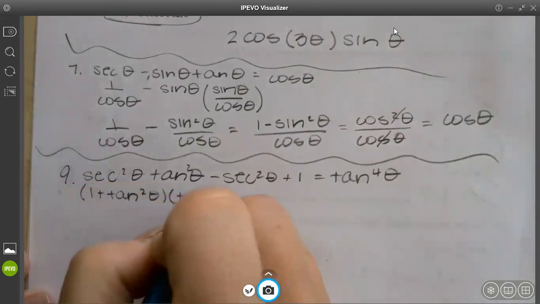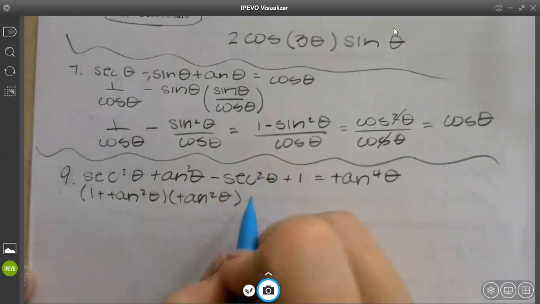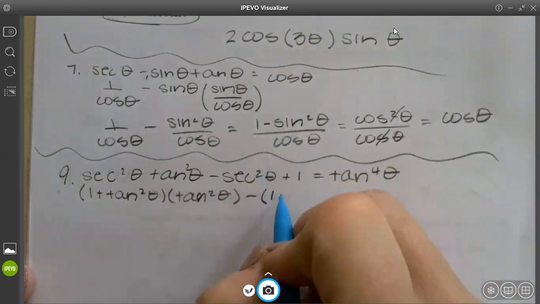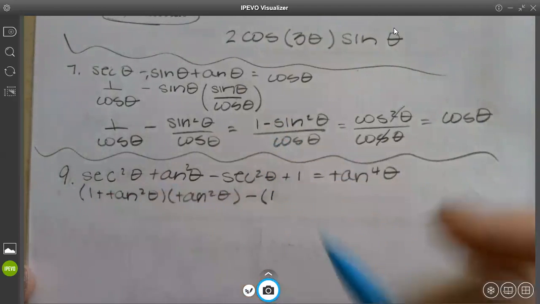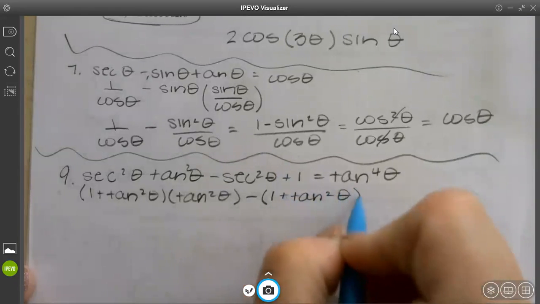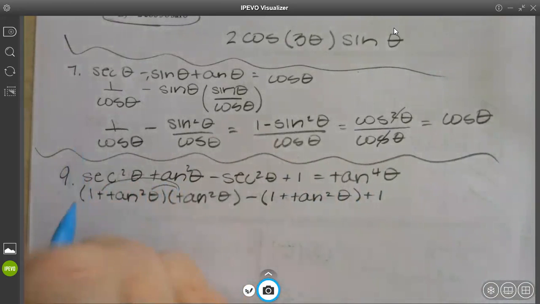Minus, what is secant squared again? We just did it. 1 plus tan squared theta. Again, why am I changing it to that? Everything's in terms of tan. That's what we wanted. We can multiply these out now. Don't try to fix them. Multiply them. What's tan squared times 1?